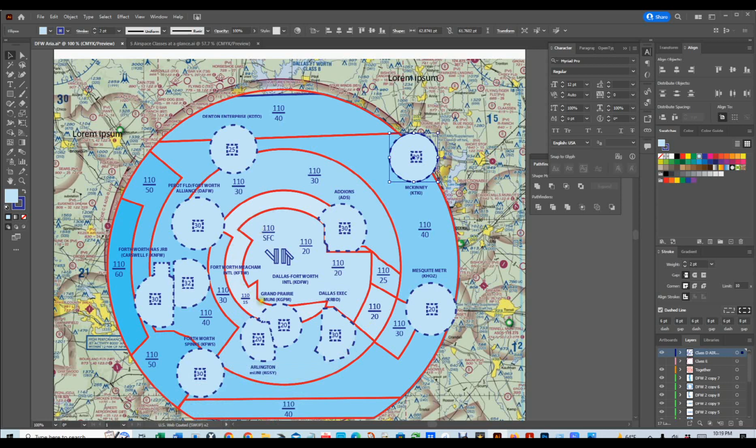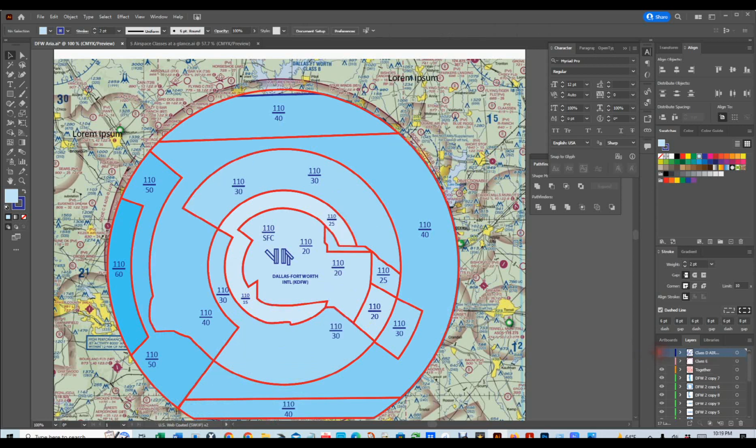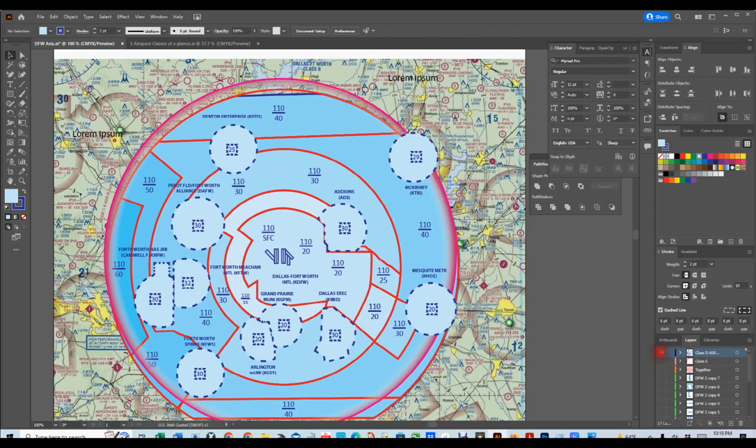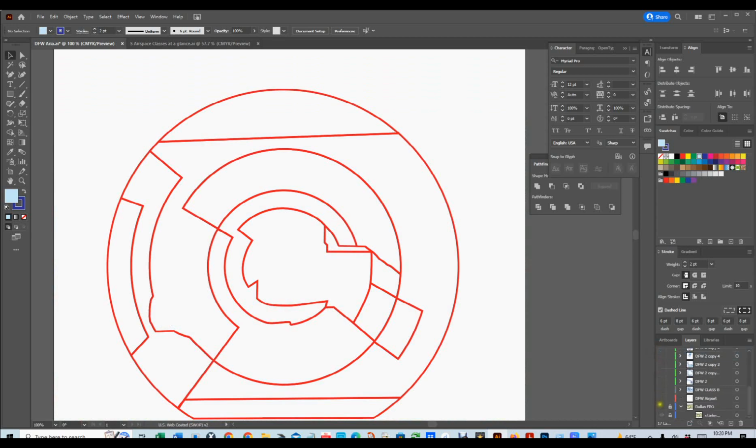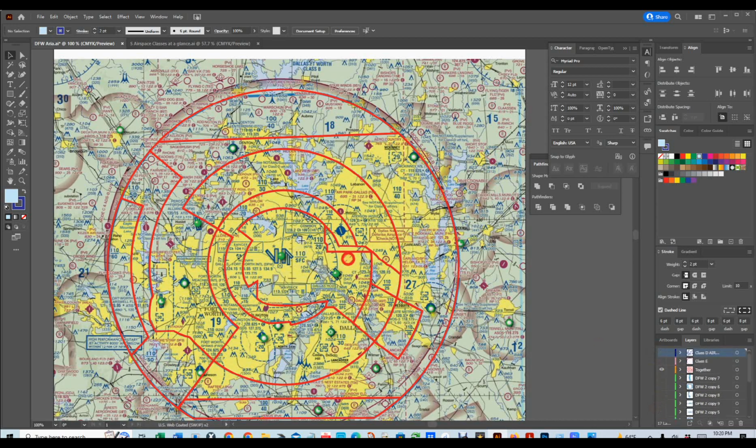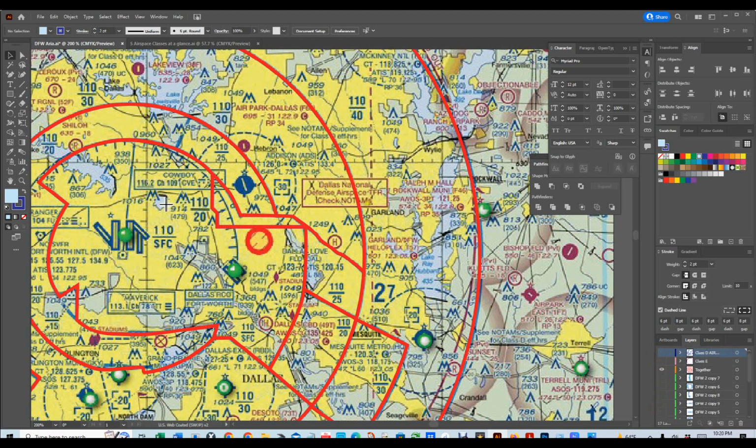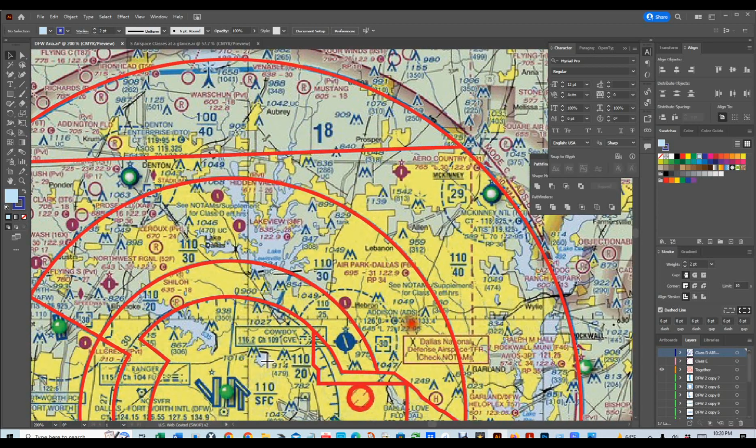Let me go in here and enlarge this area. So when you're looking at SkyVector, this is what it's going to look like. See those solid blue lines? That is Class B. Class D is this one's right here that have this dash around it.